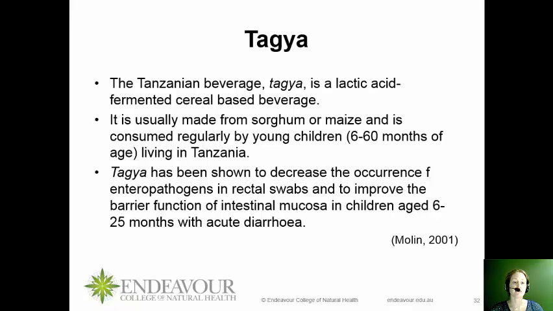This is a great example of food as medicine. So, a Tanzanian beverage called, I'm going to say it's Tagya, but I may be incorrect in that pronunciation. It's usually made from sorghum or maize and regularly consumed by young children, and the benefit of that is that there seems to be improved barrier function of intestinal mucosa for children aged 6 to 12 months with acute diarrhea, and in developing nations, diarrhea is sometimes tantamount to a death sentence.